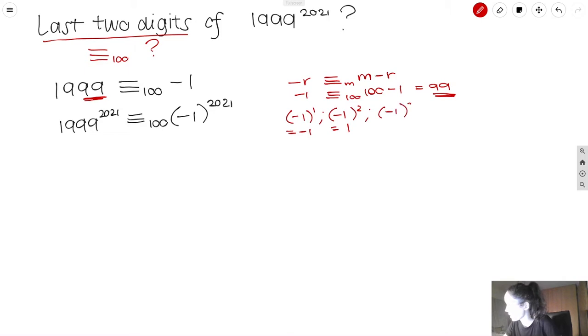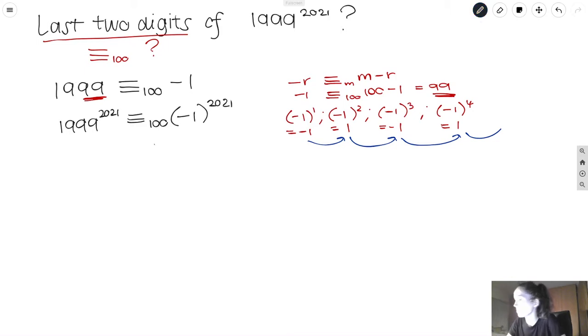Minus 1 to the power of 3 is minus 1. So next one will be minus 1 to the power of 4, it's going to be equal to 1. So you see the minus 1, 1, minus 1, 1. These will continue. So every second number is going to be 1. Every odd power is going to be minus 1. So 2021 is odd, which means that you can rewrite this as being minus 1.